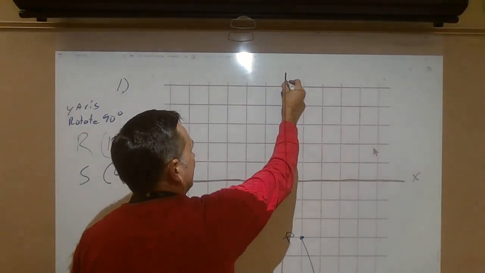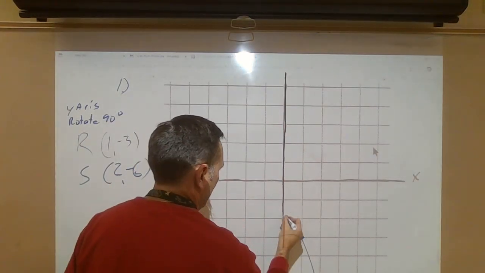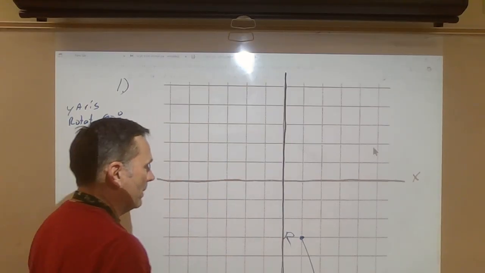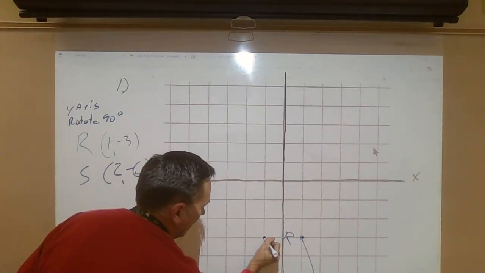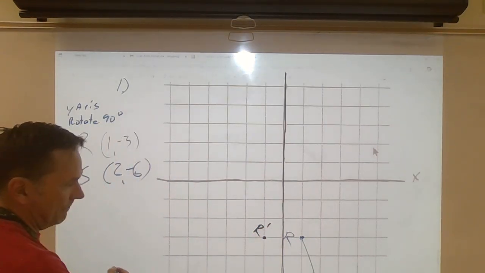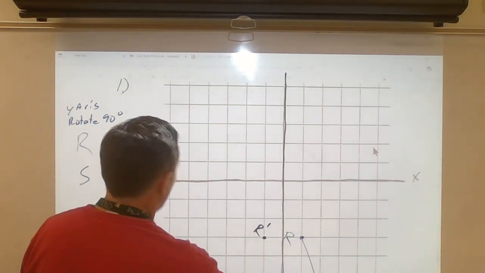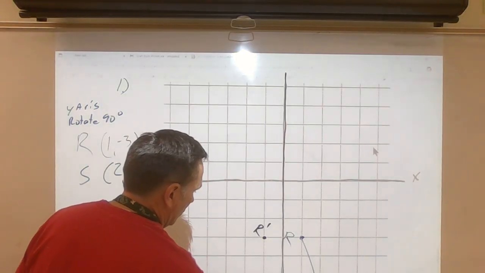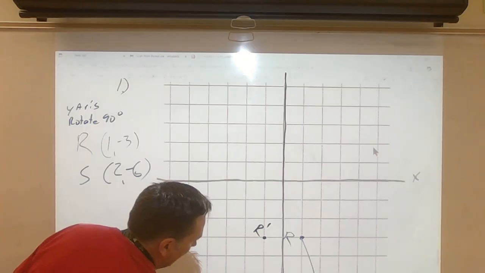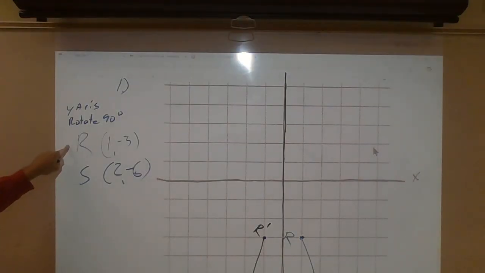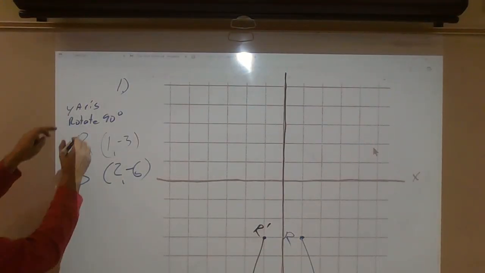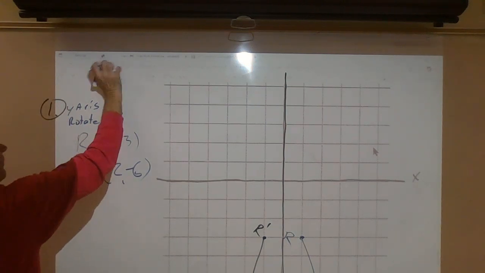The y-axis is right here. So the first movement, we're 1 unit away here, 1 unit away here. There's R prime. Here we're 2 units away, 2 units away here to make this S prime. There is our first movement, doing this step right here.